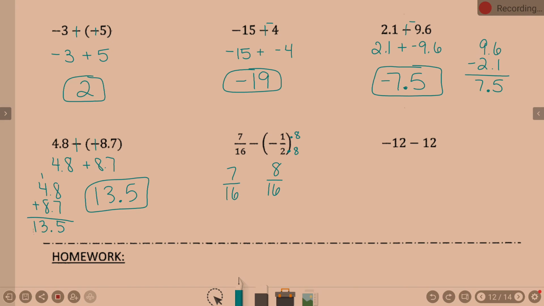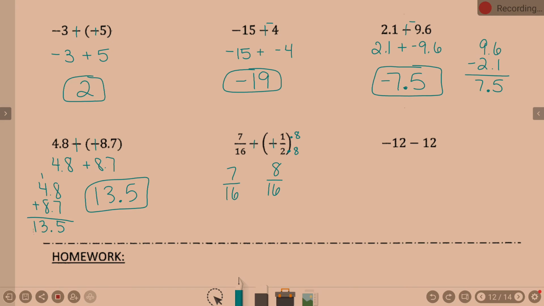If I keep 7/16, change subtraction to addition, and what's the opposite of negative 1/2? Positive 1/2. And what did I mention earlier?